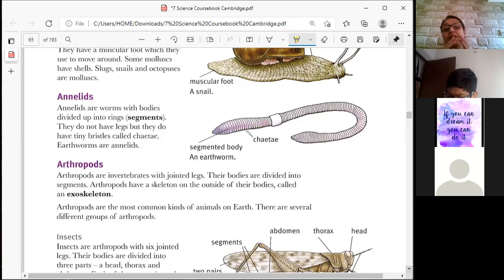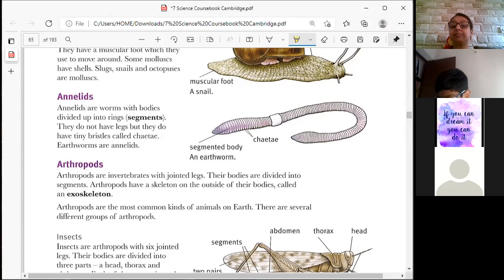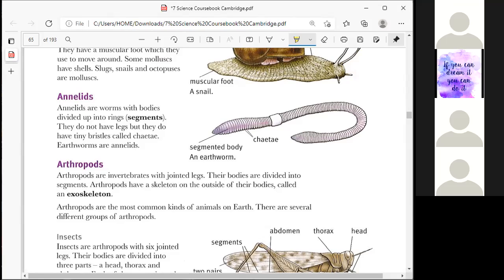So they don't have well-defined limbs, but in place of limbs they have tiny bristles called chaetae, which help them to move. An example of an annelid is an earthworm. Do you get me? Yes, ma'am.